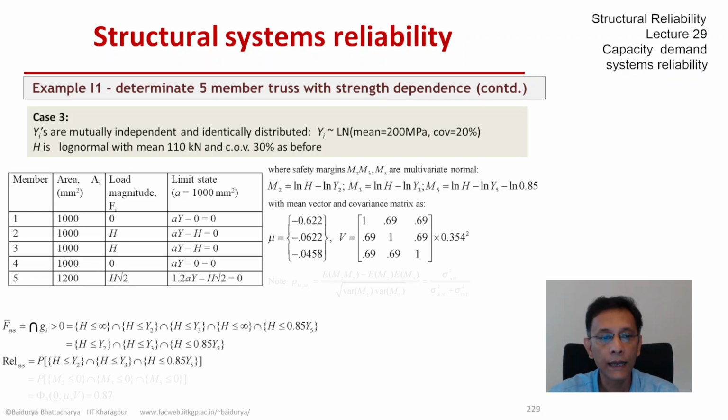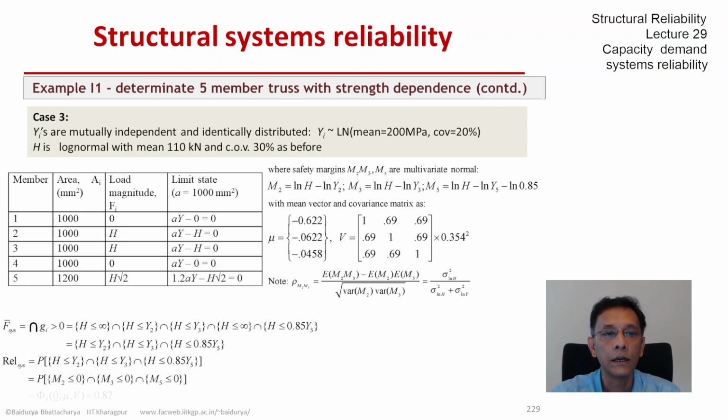The way we do that is, if you want to work out the longhand, the covariance or the correlation coefficient can be computed as you see on the screen, and then we are able to go back to the joint CDF of M2 less than 0, M3 less than 0 and M5 less than 0.